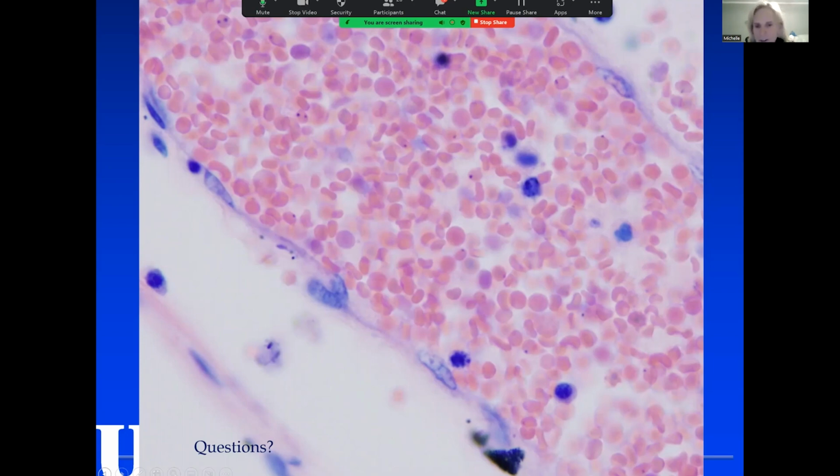Something has to be concurrent for them to have clinical signs from Theileria. Anaplasma is not that way, but I would say it could be widespread, but it may not be as severe as we're afraid it could be.